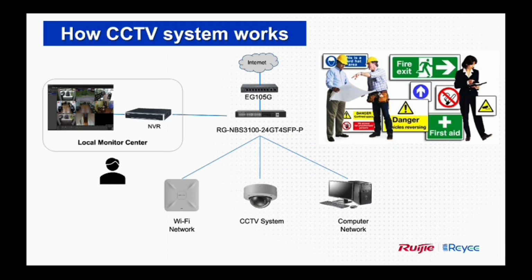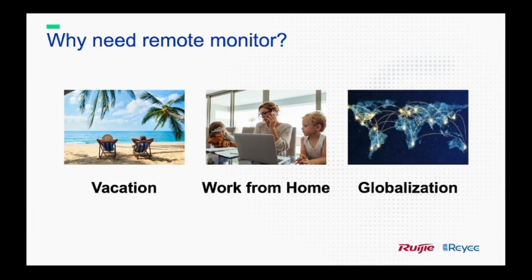IT can monitor surveillance from monitor center locally. But recently, distributed work mode is popular and popular. People sometimes on vacation due to pandemic need to work from home, or in a global company need to work from remote site. So, remote monitor the CCTV video is become a must.